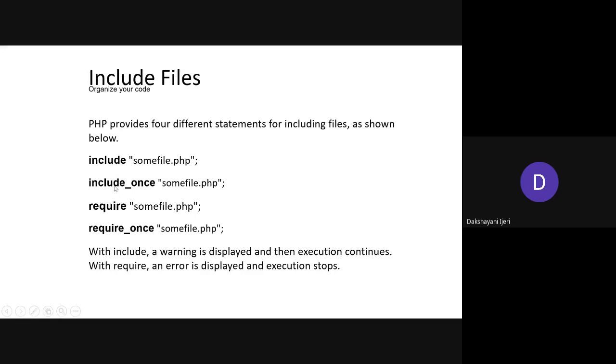If you take include, no matter how many times you include, it allows you to include the referred file n number of times. Include once means it is referred only once. Suppose you have already referred to it once in that program, it is not going to allow you to refer to the same file once again. Instead it is going to generate an error, right?